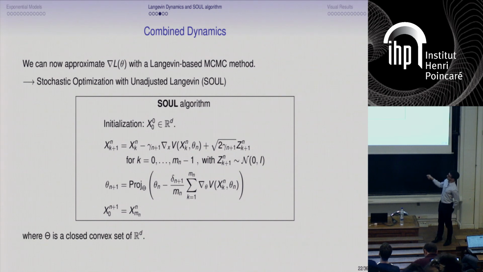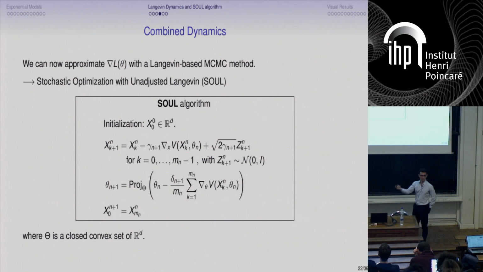So you take mn steps of the discrete Langevin here for the current parameter theta n. This allows you to estimate your gradient with a finite sum. You take a gradient descent step on the theta n. Then you project back onto some closed convex set of parameters. And you initialize your Markov chain at the next iteration with a warm start.